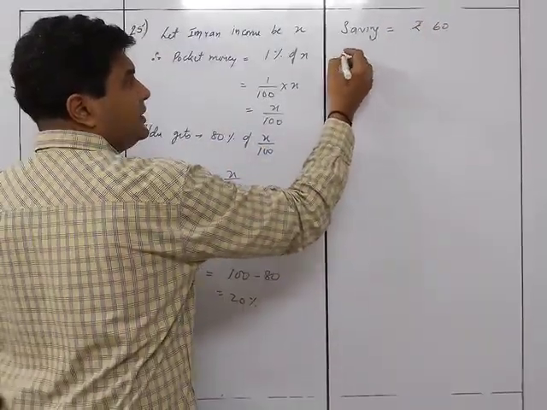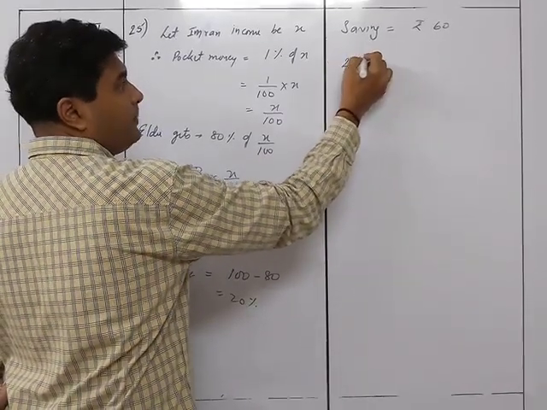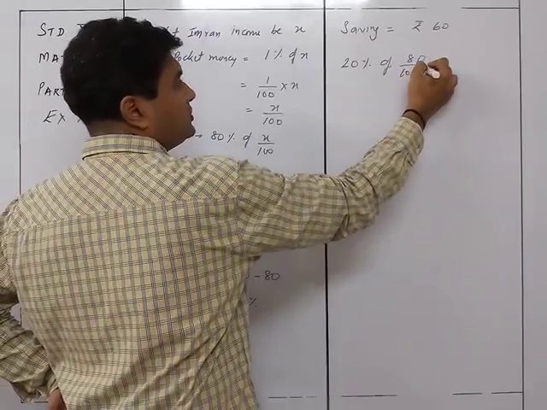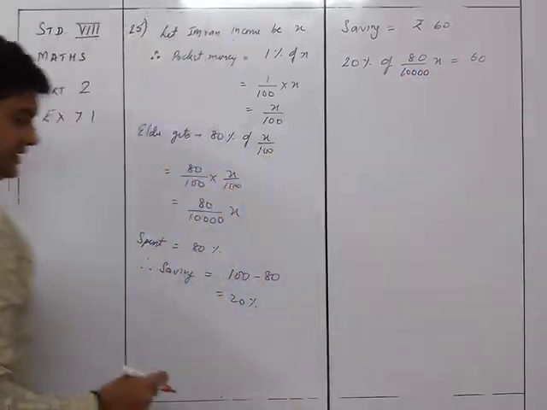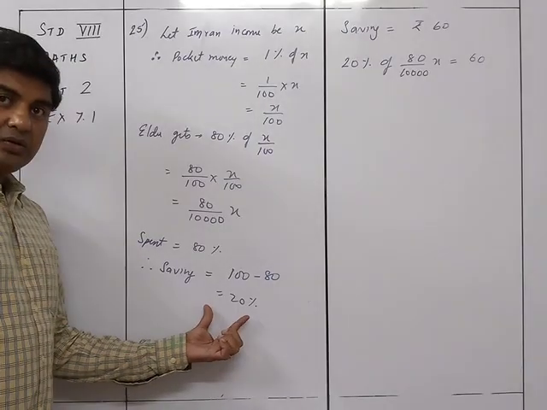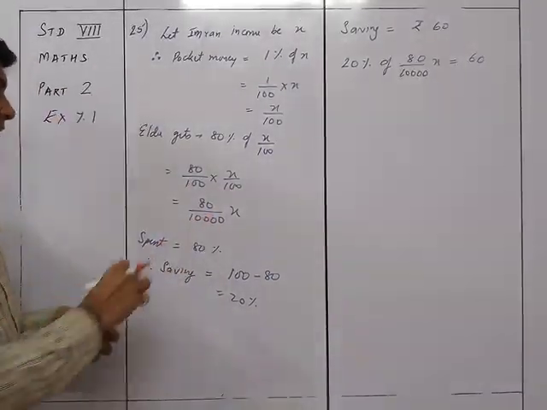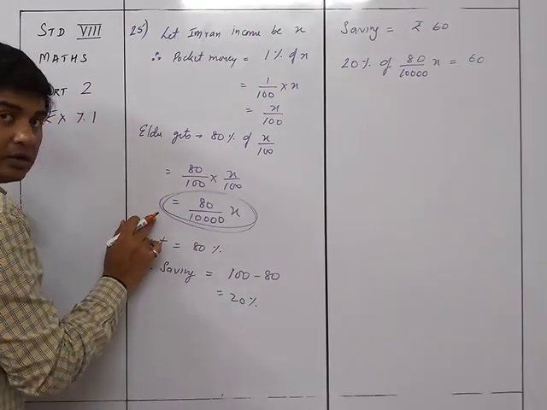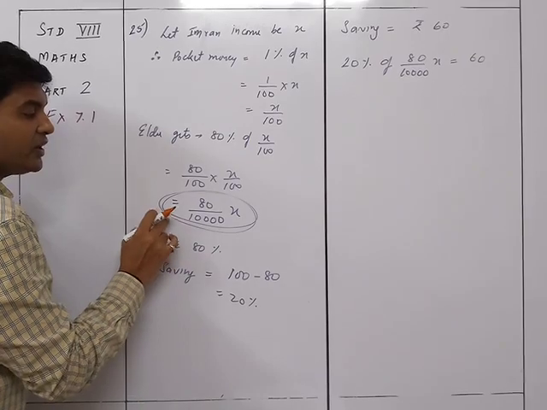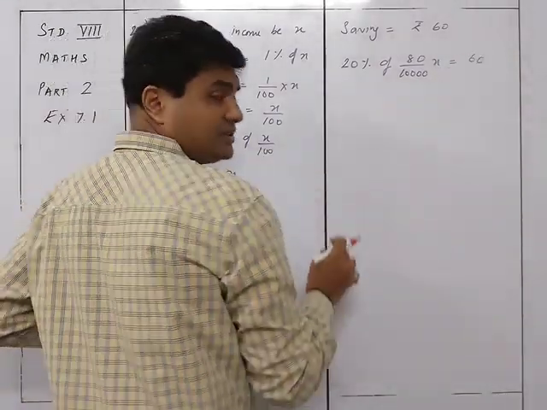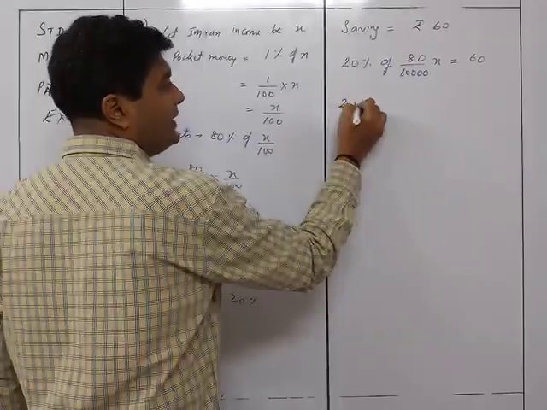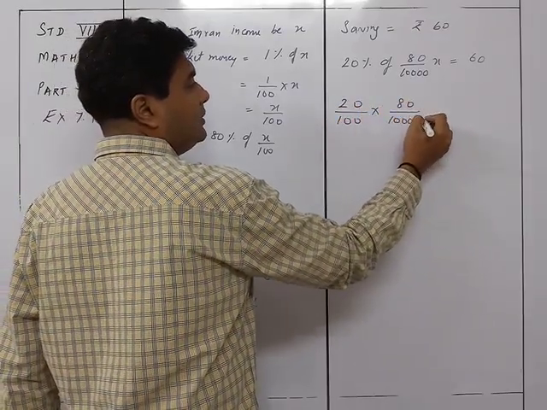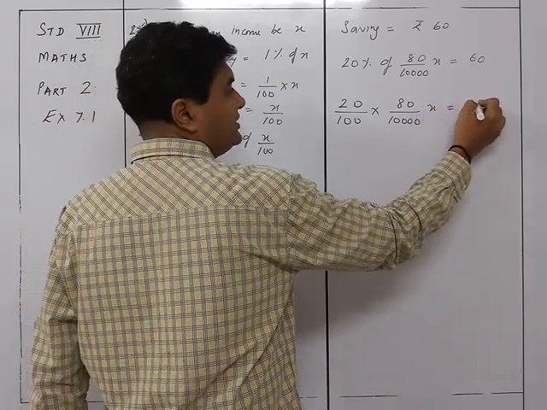So that means 20% of 80 upon 10,000 x is equals to 60. See this. 20% is saving. Saving किसका? ये elder son को कितना मिला था? इतना मिला था. This amount is what the elder son got, and he saved 20% of this. So 20% of this is equals to 60. So this is 20 upon 100 into 80 upon 10,000 x is equals to 60.